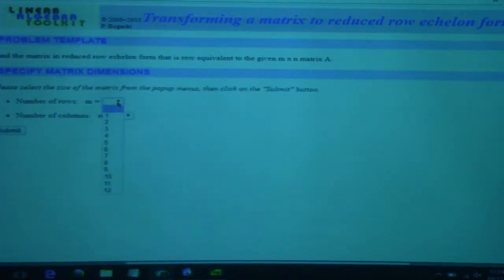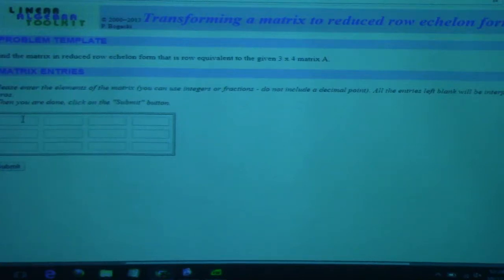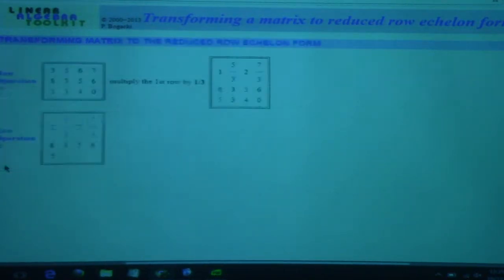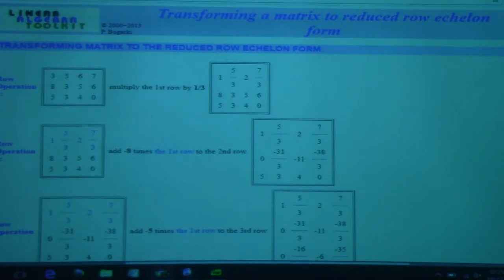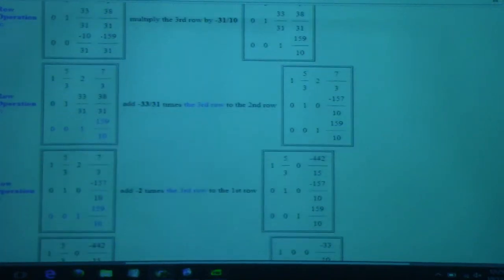Suppose I wanted to solve this system of 3 equations, and I'll make it a non-homogeneous problem. You pick some numbers for me. There we go. It actually tells you the row operations step by step, and check it out.